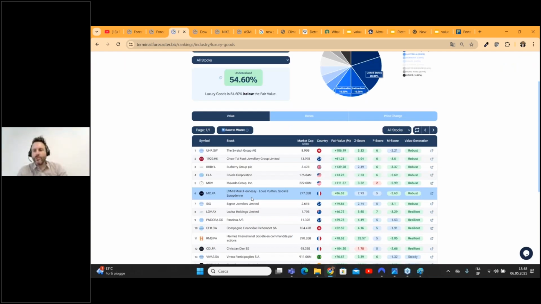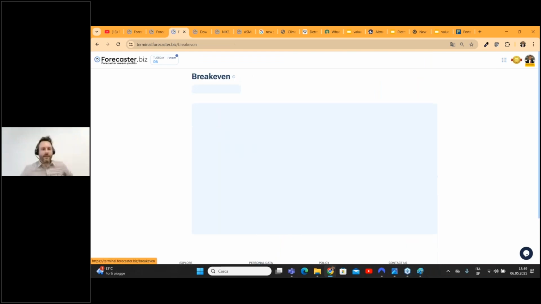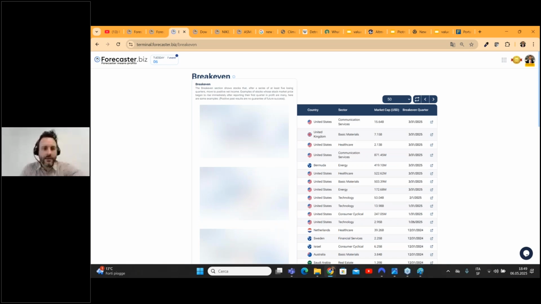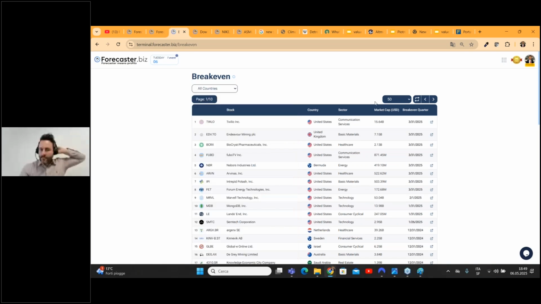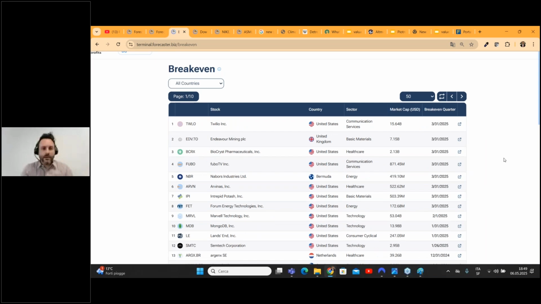Another tool you can use in order to find good opportunities for investing is the break even. The break even is a very nice tool because it does something really easy. Every time a company for the first time is closing a positive quarter, you will have the company in this list.